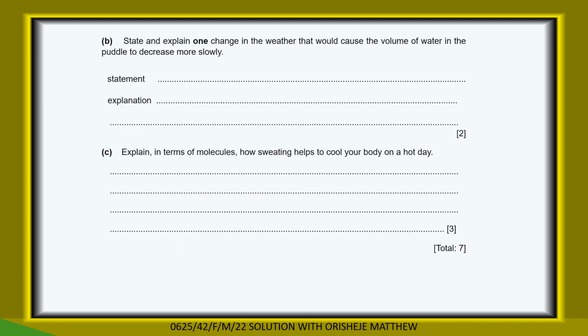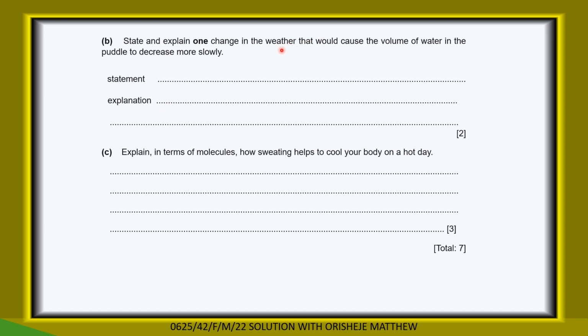In this question we are going to be looking at basically state and explain one change in the weather that will cause the volume of water in the puddle to decrease more slowly. Basically, we are going to be looking at the factors that affect the rate of evaporation.